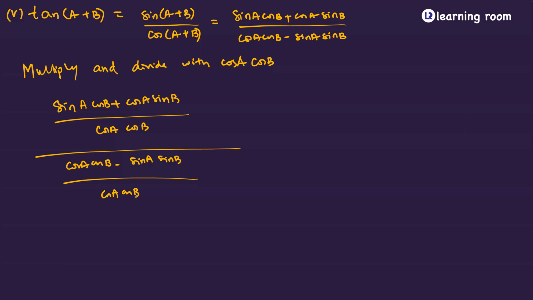Now what I'll do is I'll split this cos a cos b to each term. When I do this, I'll have sin a. Observe this. When I write sin a cos b, what will I write? Okay, I'll write this step.